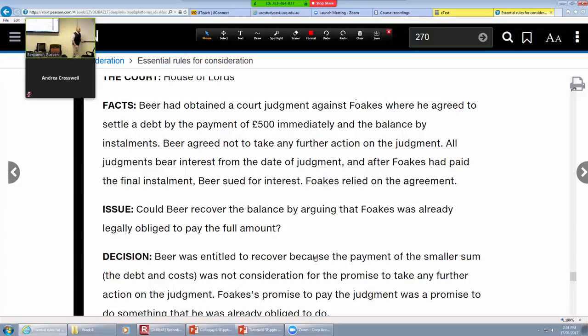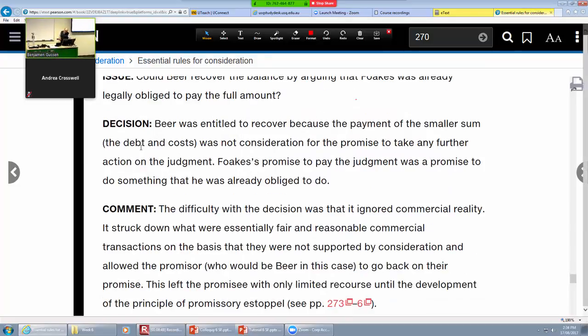Okay? So what did they say? They said Beer was entitled to recover. Okay? Why? Because the payment of the smaller sum, i.e. the debt and the costs, the installments, was not consideration for the promise to take any further action on the judgment. So, again, there's a promise from Fox to Beer saying, I will pay you £500 plus the installments.